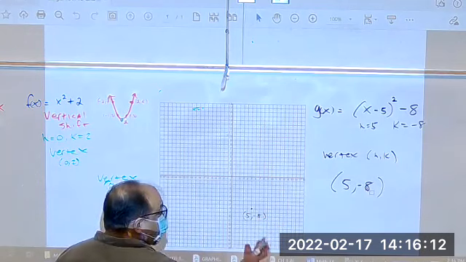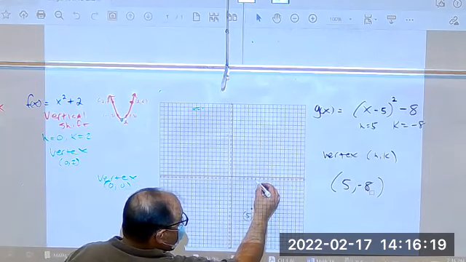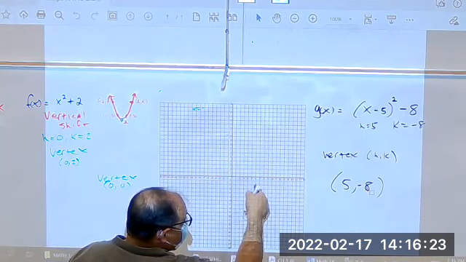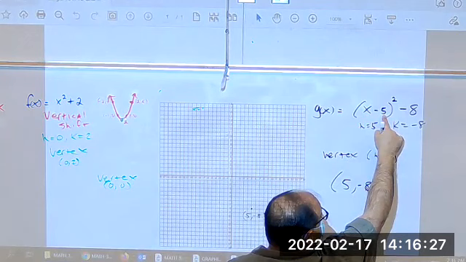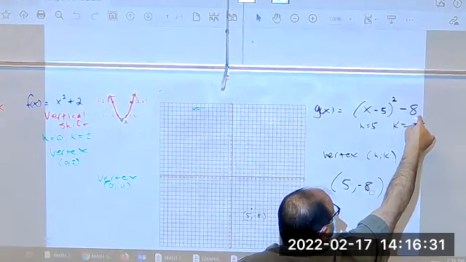I need to plot at least 3 points, maybe more, for symmetry and accuracy. So I just want to pick one number. Let's just go 1 to the right. If I'm here at 5, let's plug in 6. 6 minus 5 is 1. 1 squared is 1. 1 minus 8 is negative 7.